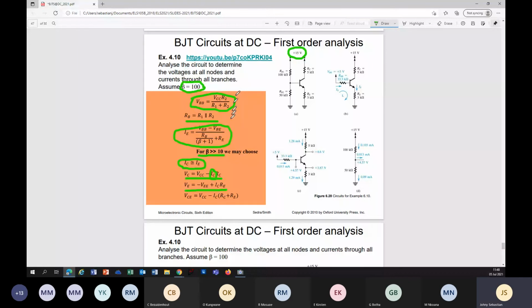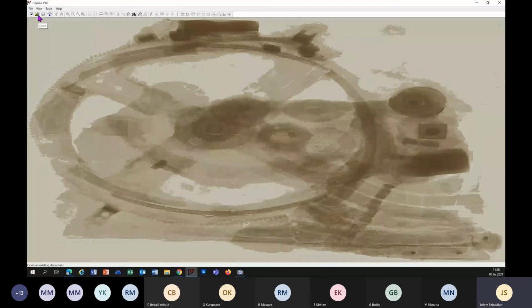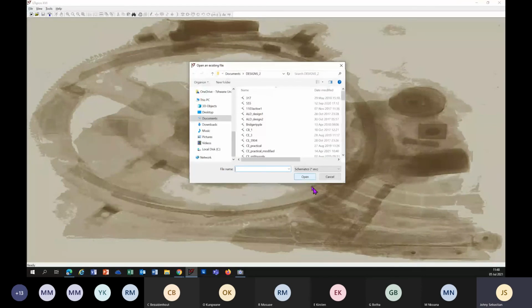After this, what you could do is go to your LT Spice. Now I'm going to open some common emitter. Okay, there is one.